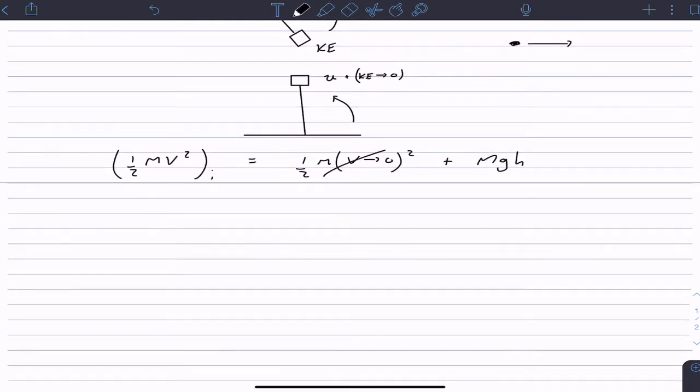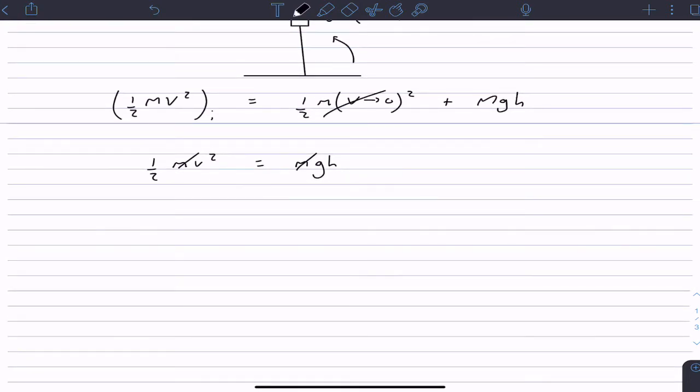So this goes away, and now we're just left with 1/2 mv squared equal to mgh. Mass cancels out, so now we have v squared is equal to 2gh.